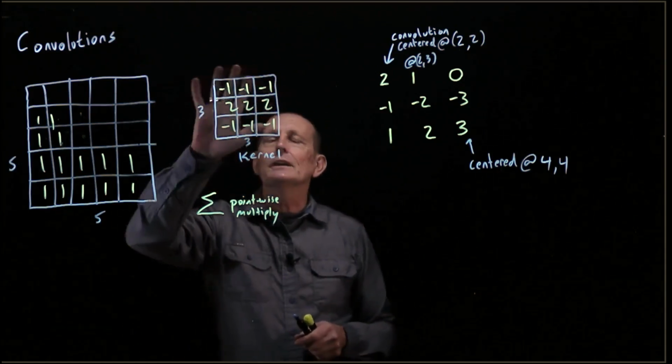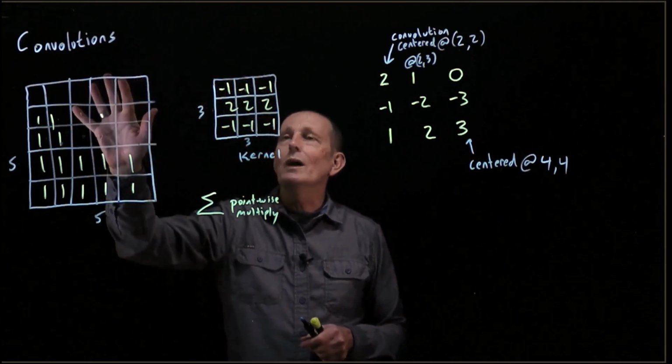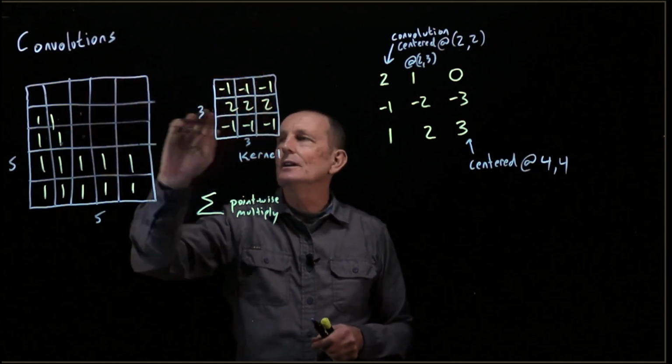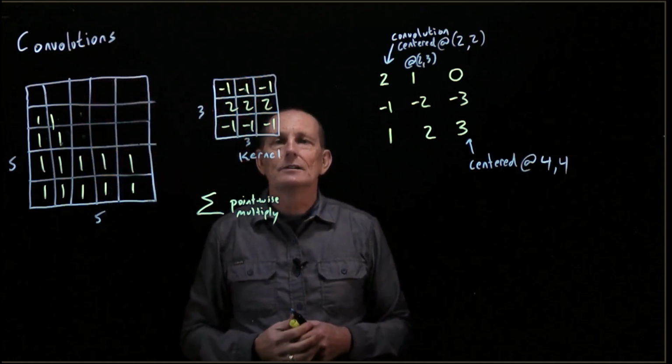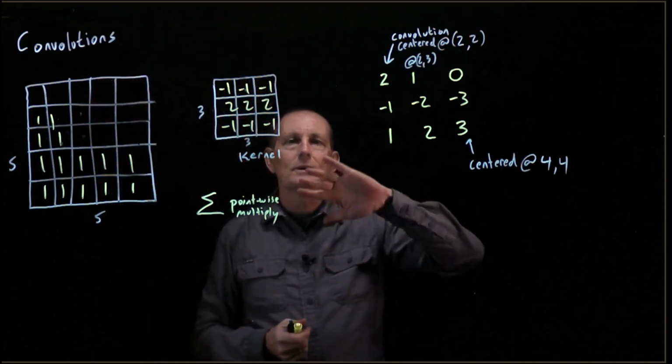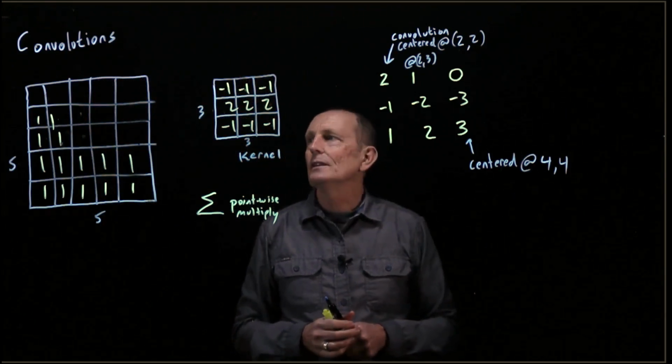If we're in an area that is all the same, for instance here, it's all whites, this turns out to be 0. If it's all blacks, that would also turn out to be 0. No edges there. So we can see in a uniform area that we end up with a 0.